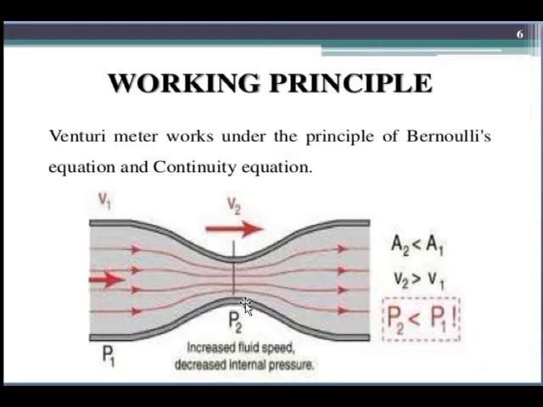The pressure difference created between the inlet and the throat section enables the determination of the flow through this venturimeter. The flow of the fluid can be calculated with the help of this pressure difference.